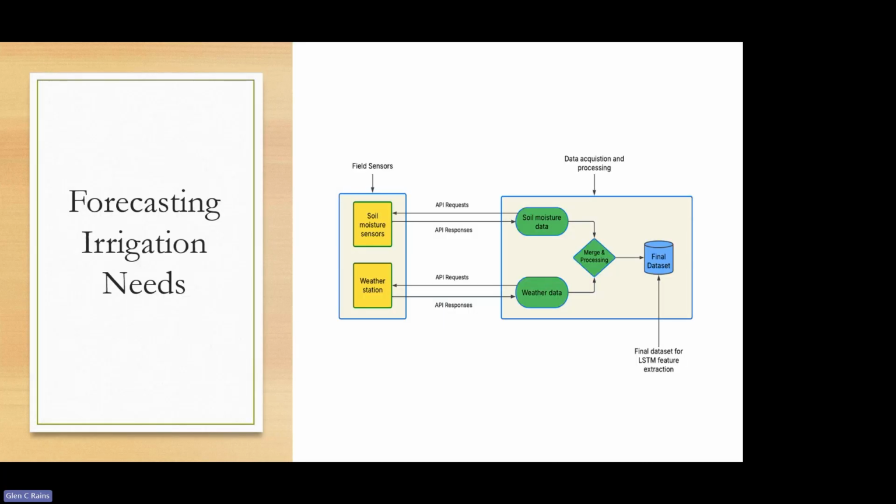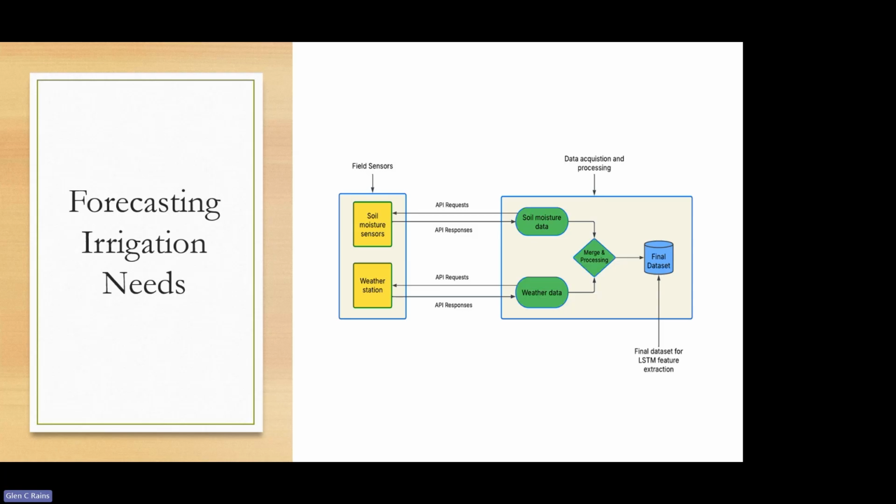So one thing we're looking at is forecasting the irrigation need, and to do that, we're modeling the soil moisture prediction, or predicting what the soil moisture is going to be using data that we've already collected for that field.